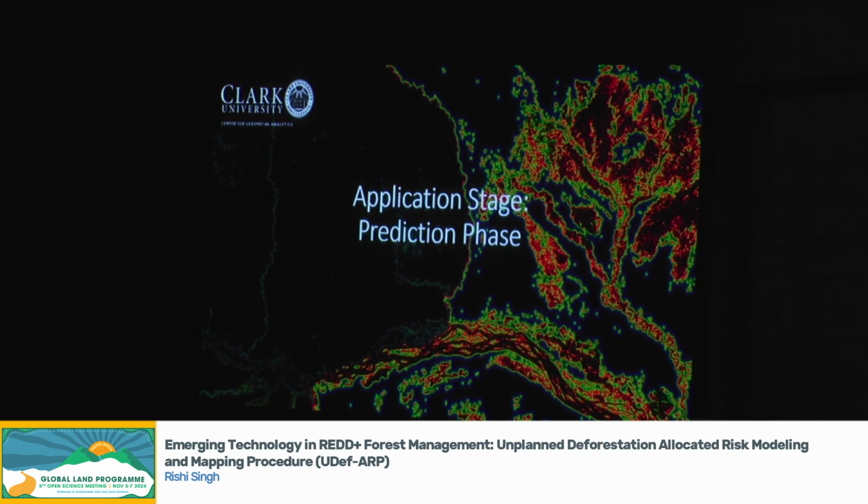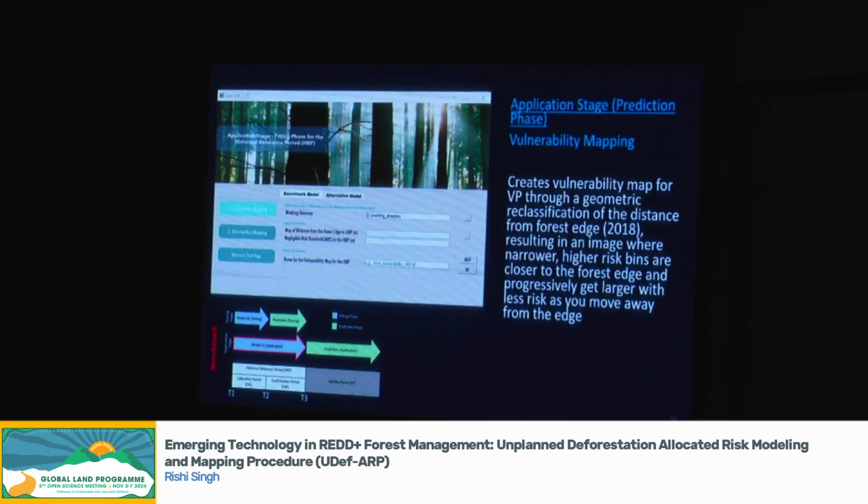And then moving into the prediction phase, I think this is the one that is the most different. Again, we start with the vulnerability map. So taking the distance from the forest edge at this point in the HRP, so 2018 in this example, the most future date that we have.